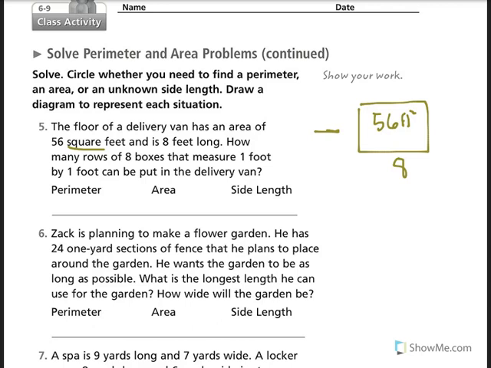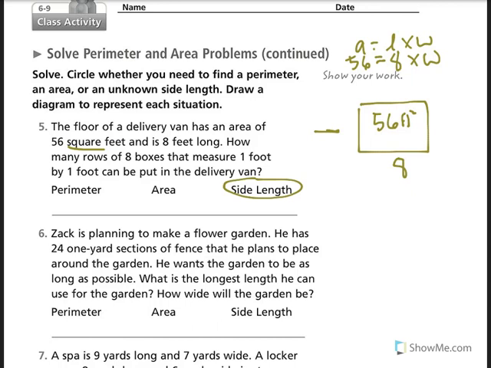So that means we are looking for a side length, and to find it, we have our area equals length times width. We have our area is 56. Our length is 8, and we're wondering what our width is. So we ask ourselves, okay, 8 times what is 56?